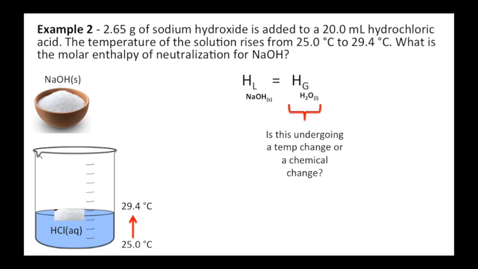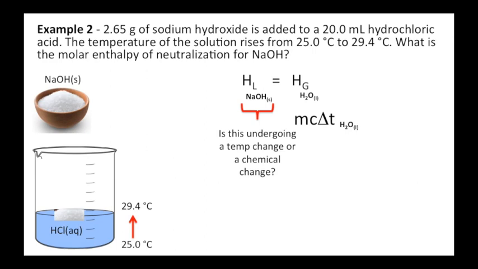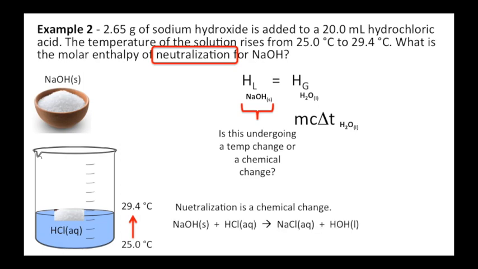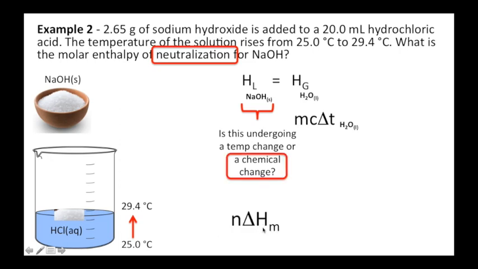The water is going through a temperature change, mc delta T. Now, is this going through a temperature change or a chemical change? Well, neutralization is a chemical change. What's really happening is NaOH is reacting with HCl, and it's a chemical reaction. We made new chemicals here. So that's a chemical change.